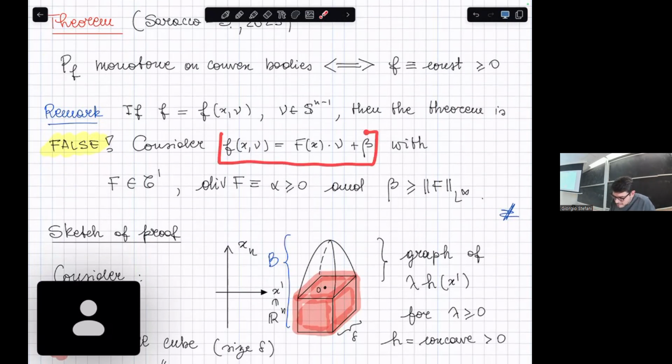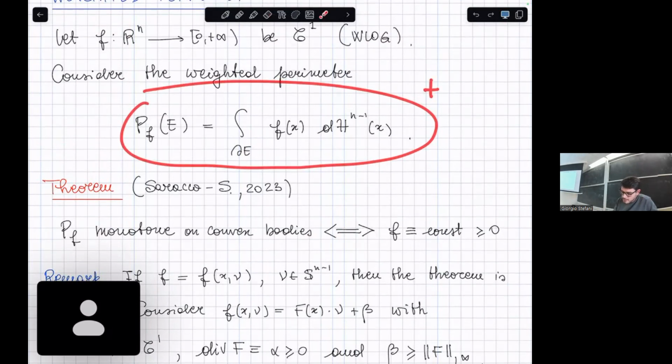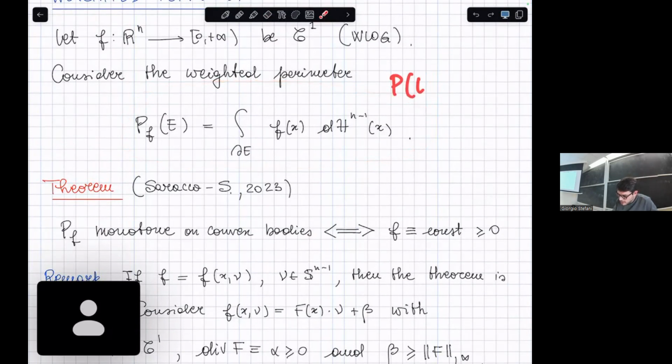You take f of this shape, okay? Big F is any function, the one that you like the most, C1, C infinity as you prefer, with constant non-zero divergence. And you take a parameter B which is larger than this function F. You immediately realize that the perimeter P_F, which is defined in this way, is the perimeter of E times alpha plus the volume of E times beta.